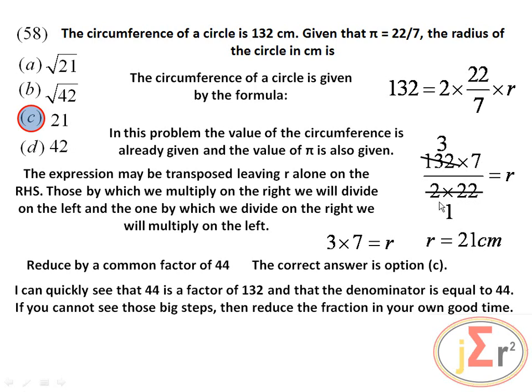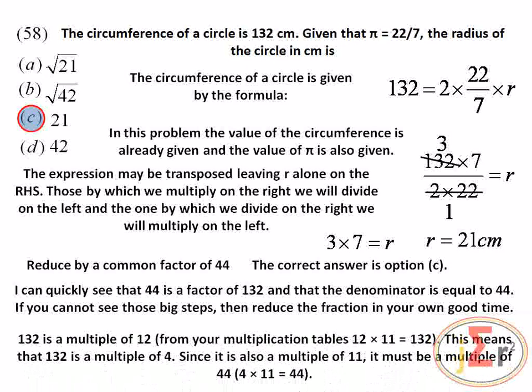If you cannot see those big steps, then reduce the fraction in your own good time. 132 is a multiple of 12. From your multiplication table, you should know that 12 multiplied by 11 is 132. This means that 132 is a multiple of 4.